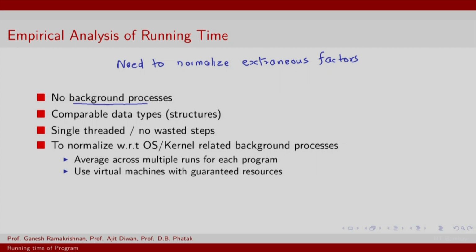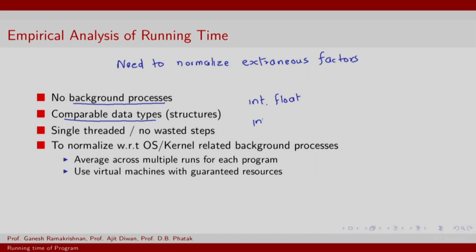You could have background processes running that affect the wall clock time, so you should have no background process running. The other thing is, if you have different programs that you want to compare, you should be talking about comparable data structures or comparable data types. What does this mean? Well, we will consider int and float to be comparable types.